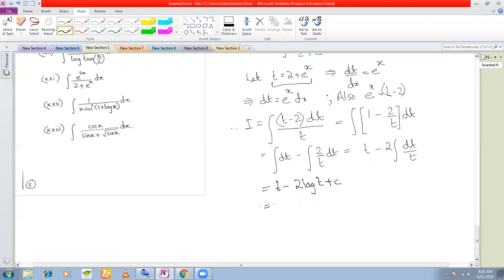Now put back the value of t. t is 2 plus e to the power of x, minus twice log 2 plus e to the power of x plus c. And that is your answer.